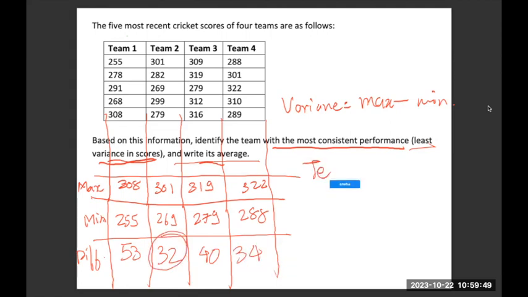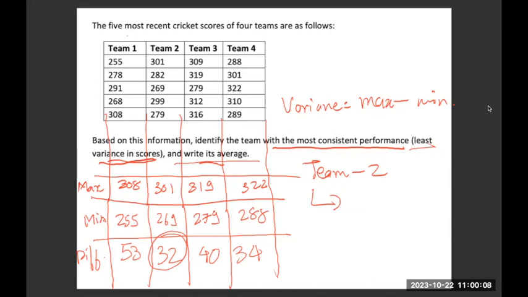So team 2 has the most consistent, or the least variance. The average of team 2 would be around 30, 286.